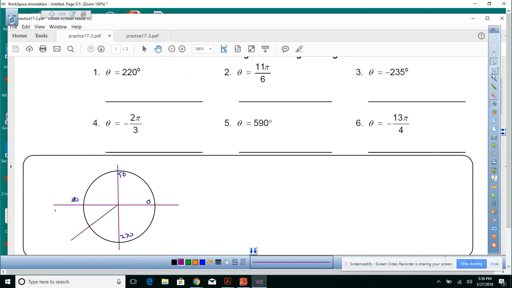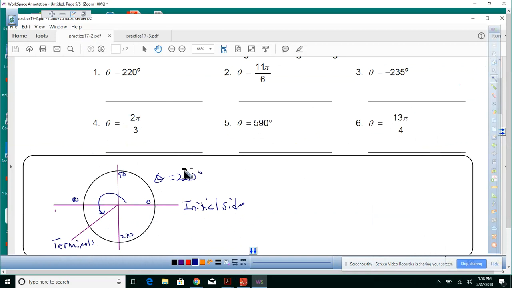And we're saying that this here is the initial side. And this here is the terminal side. And we go around here, and we know that is theta equals 220 degrees.